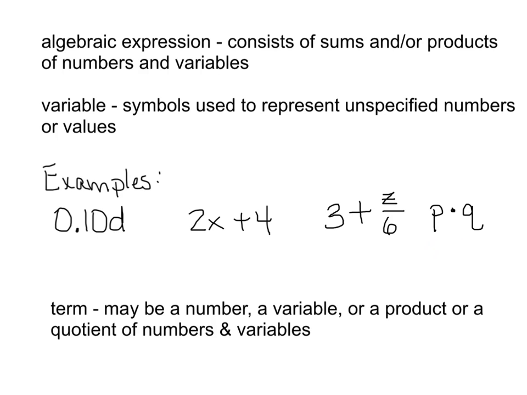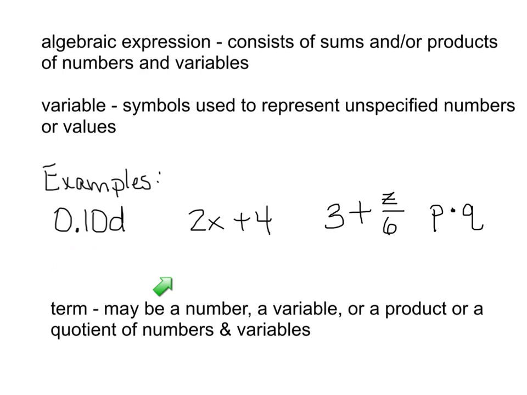In algebraic expressions, of course, the variables are the letters represented in each of these expressions. A term may be a number, a variable, or a product or quotient of numbers and variables. Alright, so let's talk a little bit about terms. Let's go back to this first example right here. That is a term all by itself, 0.10d, that is one term.